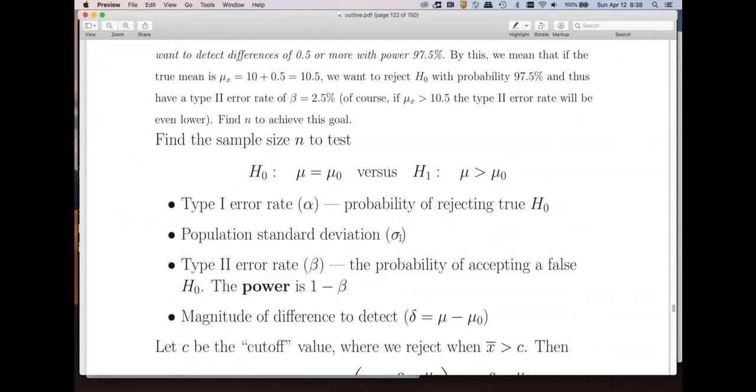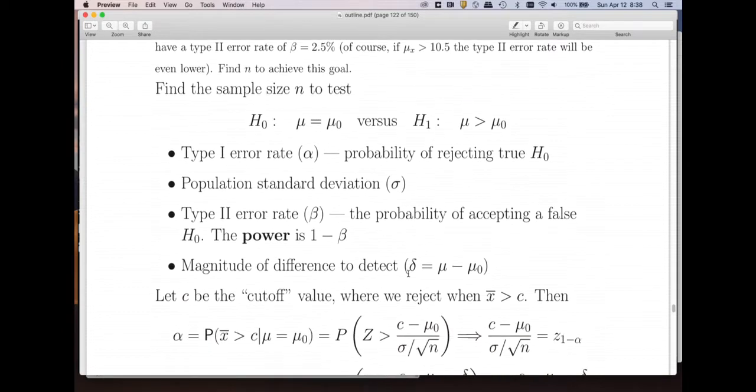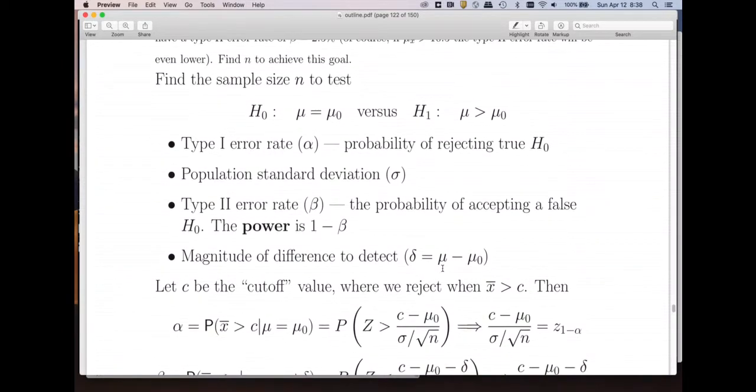The population standard deviation was 2, but let's just call that sigma. And our type 2 error rate that's been given is beta. Now remember, the power is just 1 minus beta. So beta is 2.5%, the power is 97.5%. And then the magnitude of the difference that we want to detect is, in this case, a half.